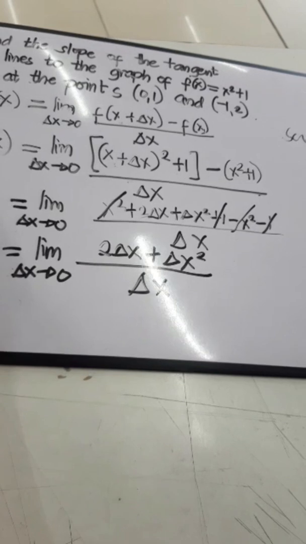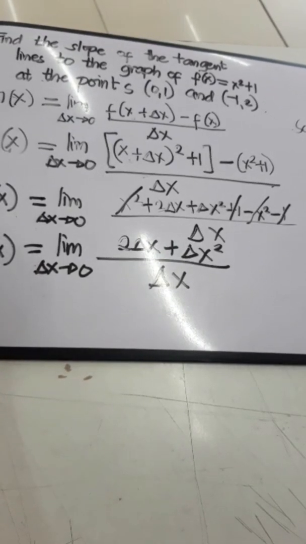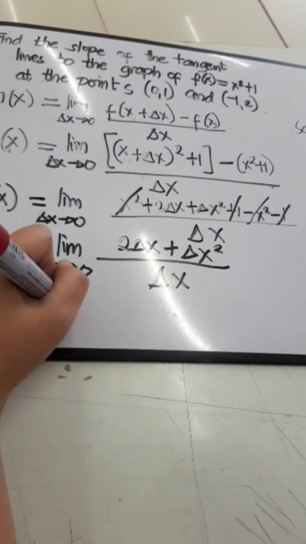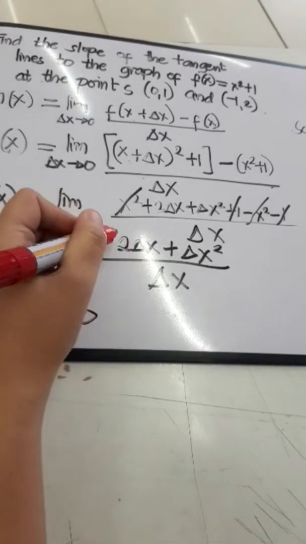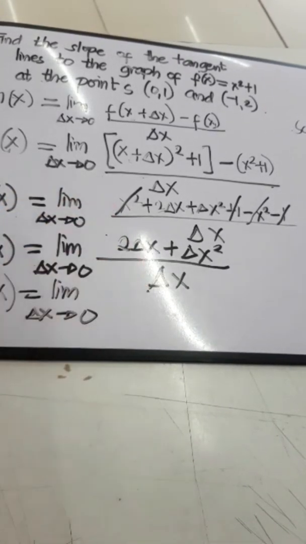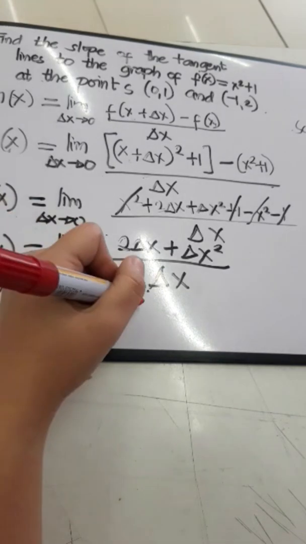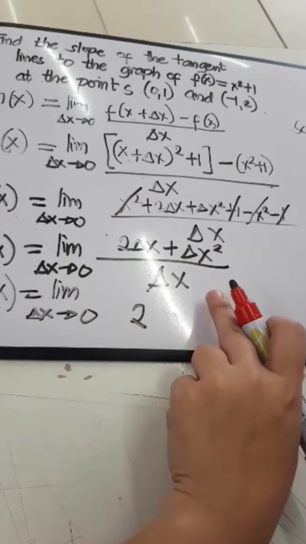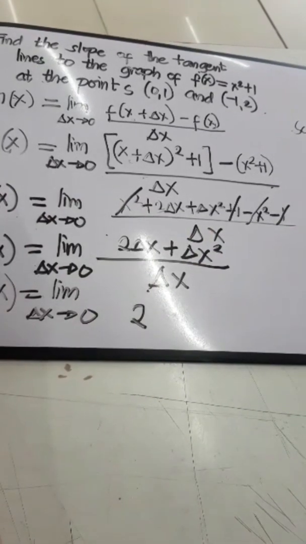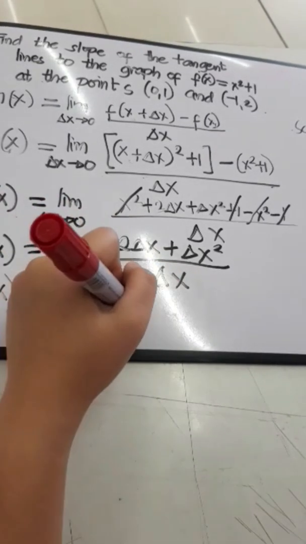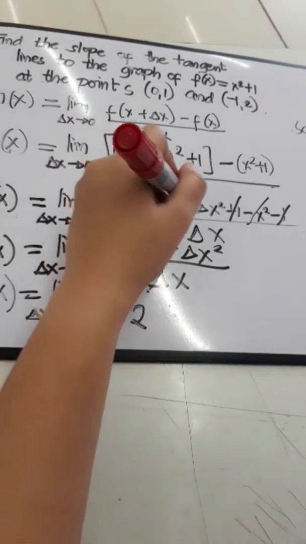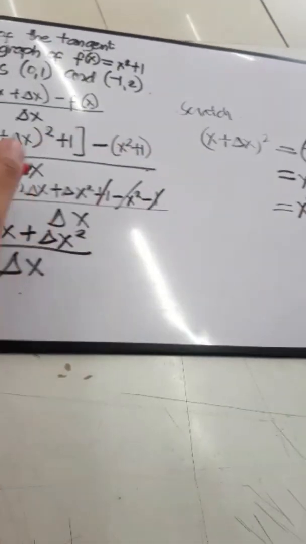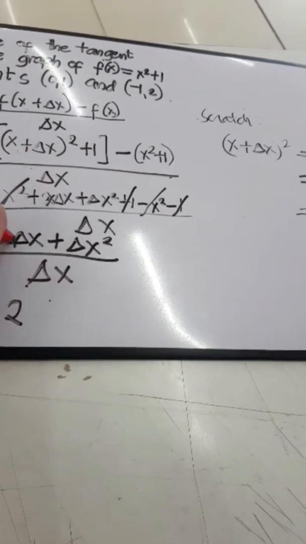Then, we can simplify. So, limit as delta x approaches to 0, 2x delta x divided by delta x will be equal to 2x.